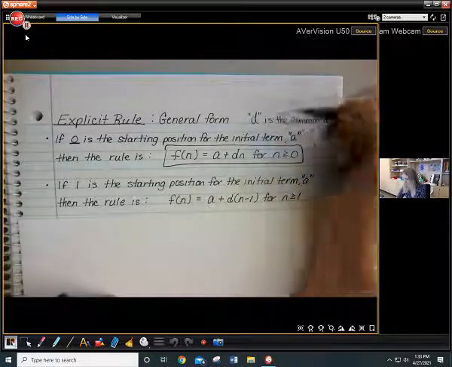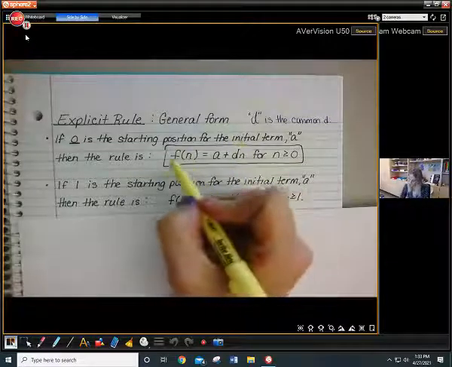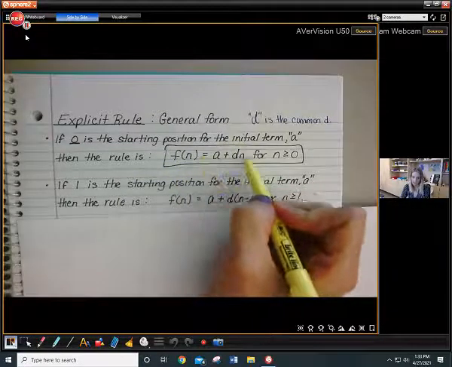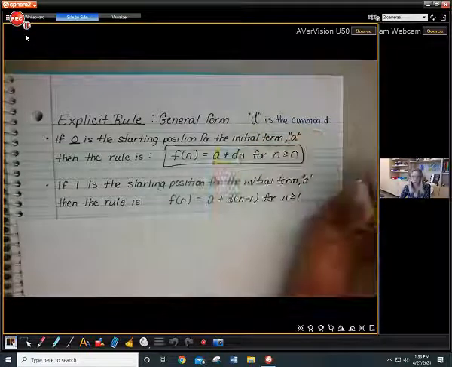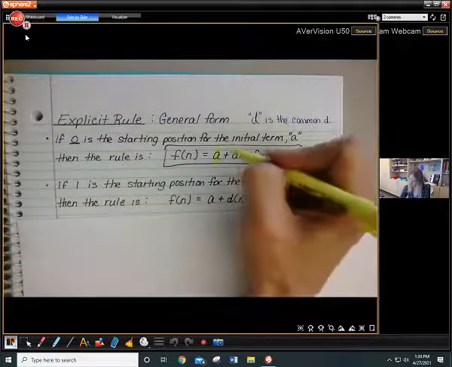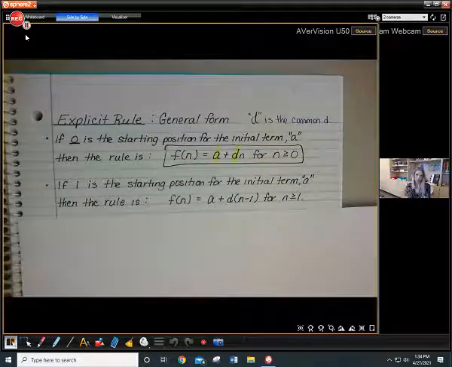You guys will write this out. This is my explicit rule, and you're going to fill in what the first term is, and then fill in what the common difference is. Those are the only two spots that you're going to plug something in.